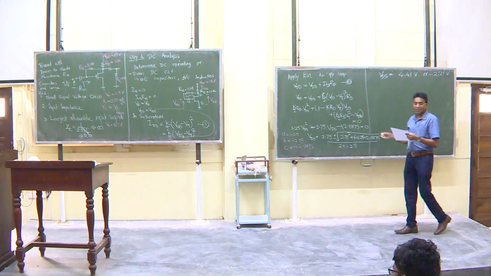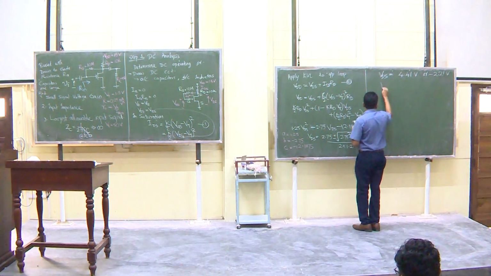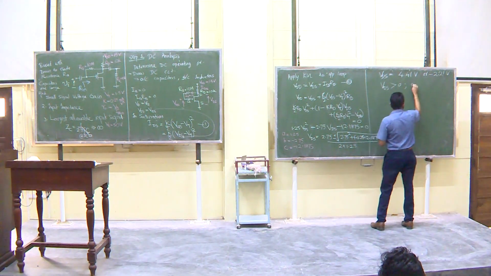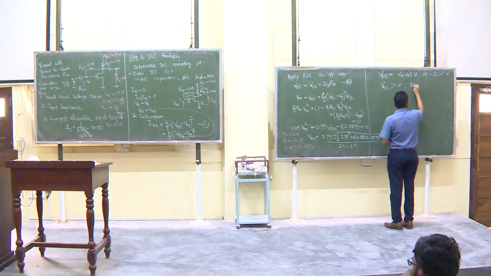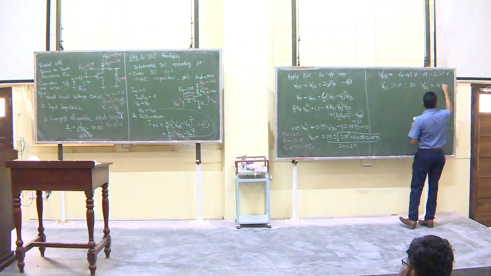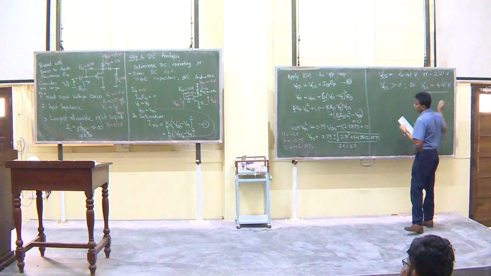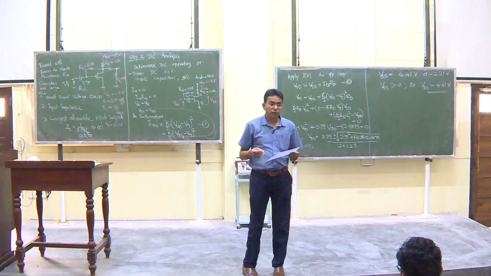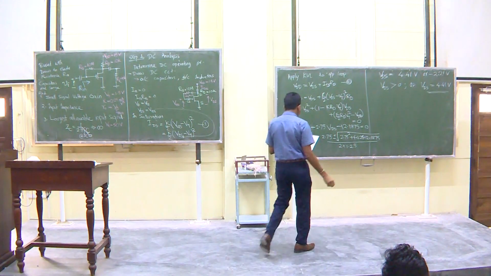Obviously, VDS is greater than 0, therefore VDS has to be 4.41 volts. That is the correct answer. That is the operating point voltage in order for it to be in saturation.